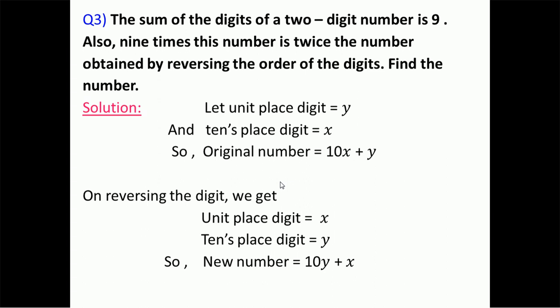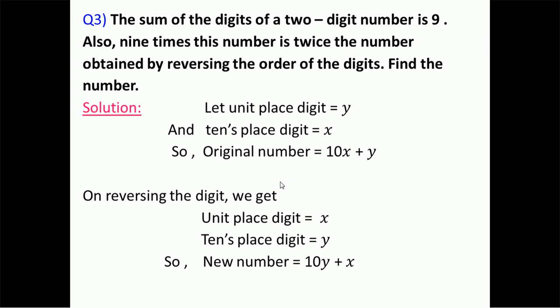Now see the statement given: 9 times this number. 9 times this number means the original number is twice the number obtained by reversing the order of the digits. So 9 times the original number will be equal to 2 times the new number.